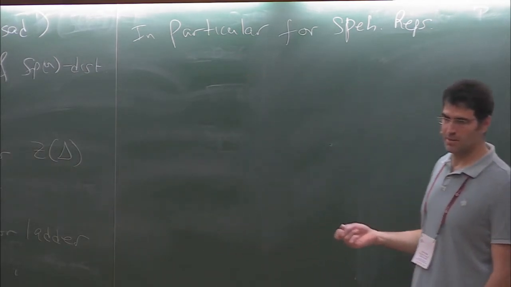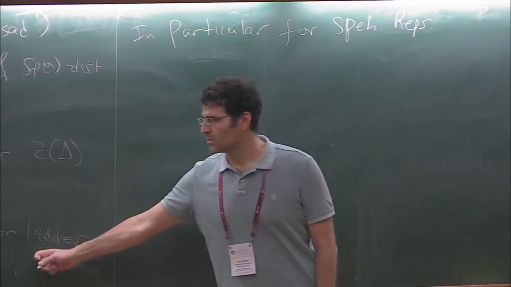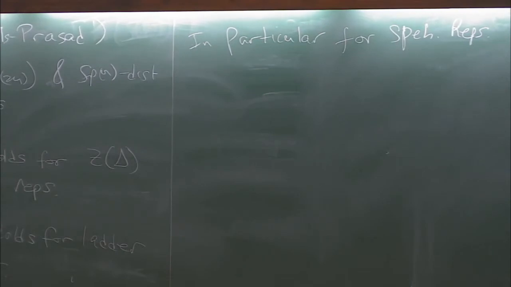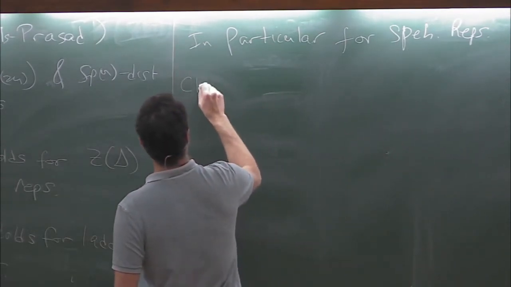So the main tool that is also later used for ladder representations is what Dijol and Prasad called Clifford theory.